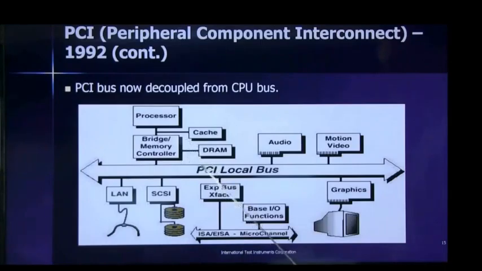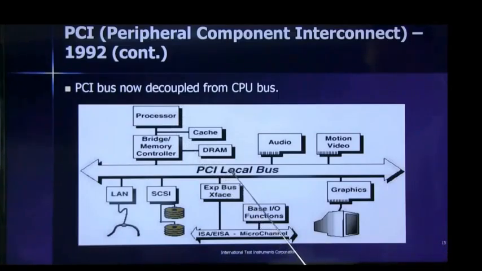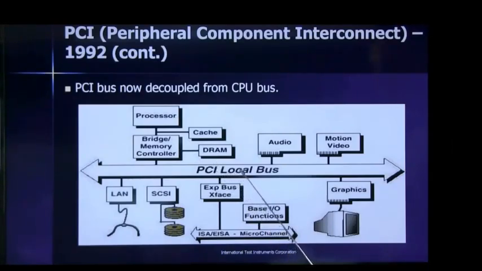Here is a slide that describes the overall architecture of the PCI bus in the system. The key thing to note here is that you have a bridge chip between the processor and the local bus, the PCI local bus. It's actually a little bit of a misnomer in this picture to call it a local bus because it's not actually local. Local buses should be attached to the processor, but it's a PCI bus.